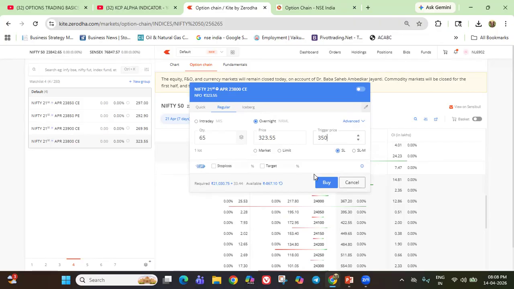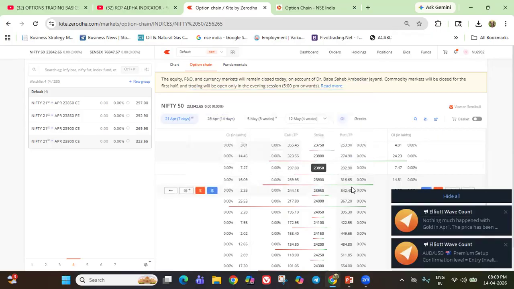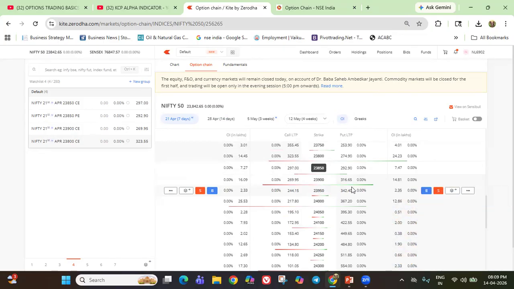So this is the way to enter the market with a limit and with a stop loss, and stop loss with market is also available. For example, 350 you can enter. So this is the simple way of executing in the market, intraday or overnight, with a particular strike price, whether it is at the money, in the money, or out of the money.